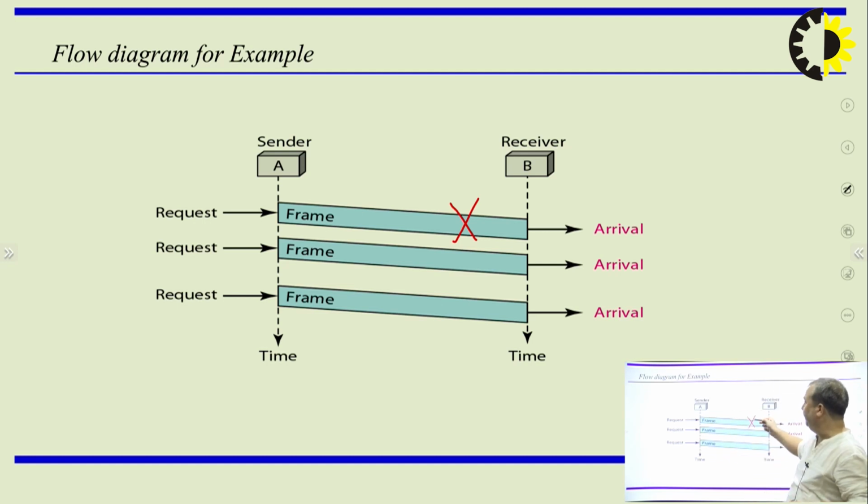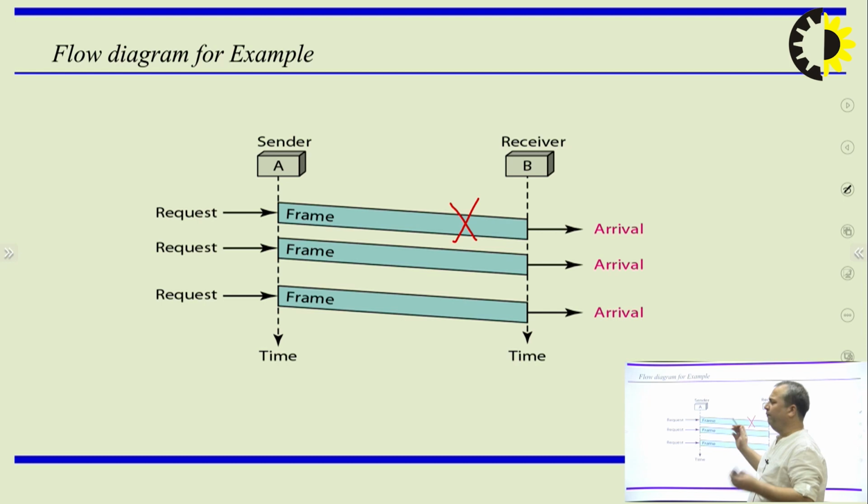If a frame is lost in the network, the receiver cannot receive it. So how do we ensure that the frame has been received or not? The lost frame, for whatever reason, must be retransmitted. We will discuss how this type of problem can be solved.